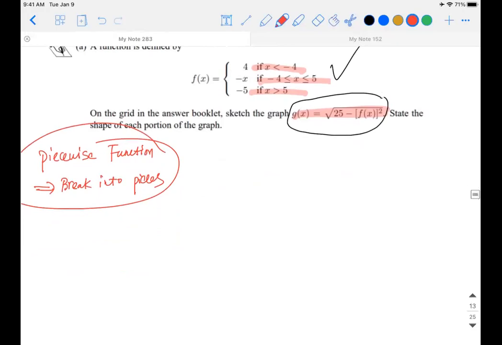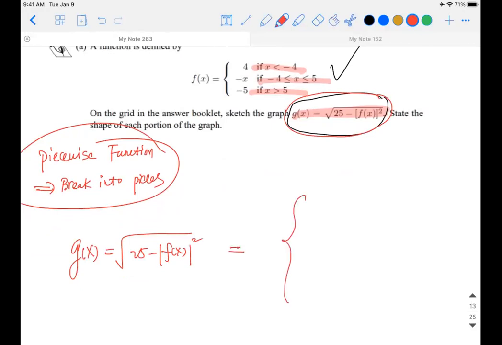So you're trying to do a function g(x) equals the square root of 25 minus f(x), absolute value, right? Perfect square. Again, I want to try for 3 areas: x less than -4, x greater than 5, and from -4 to 5.